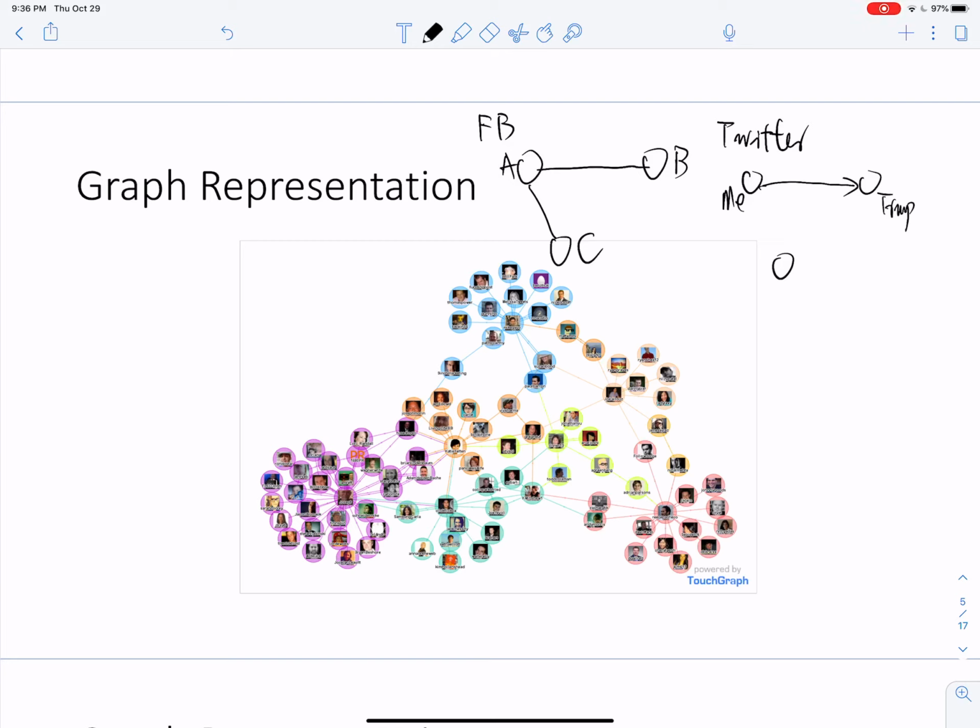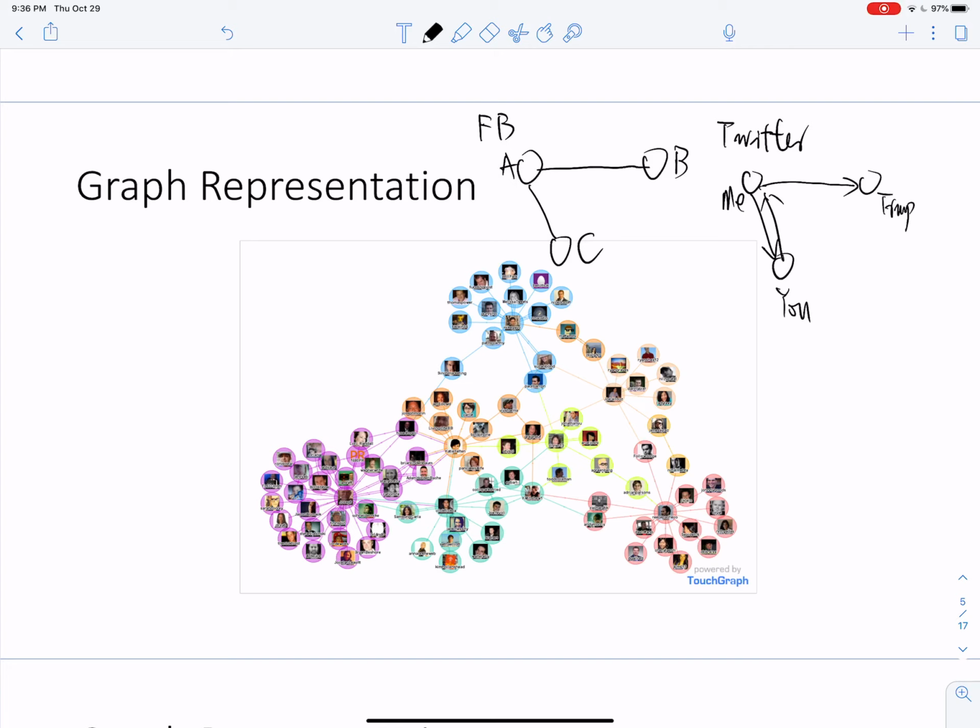So we need to use a directed graph to represent the follow relationship in Twitter. For example, you follow me and I follow you, so we have two edges between us.